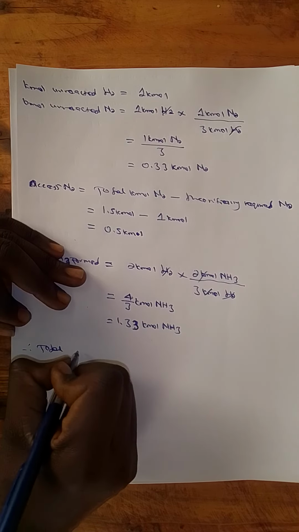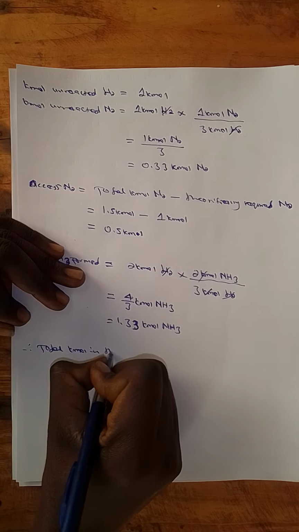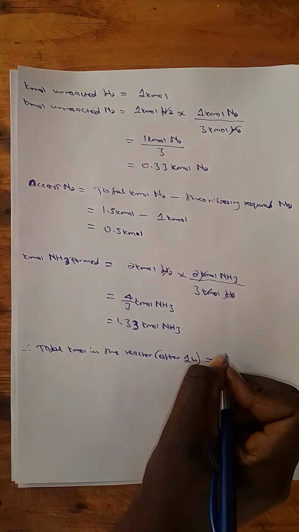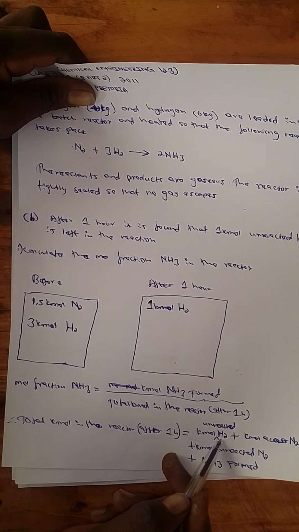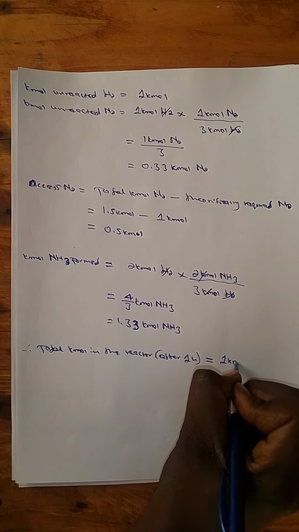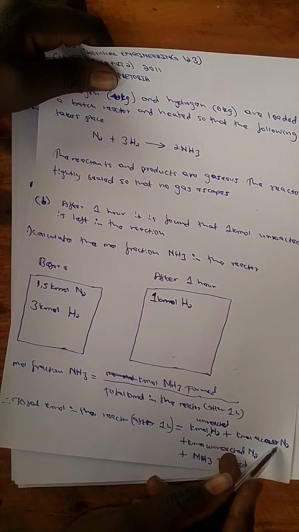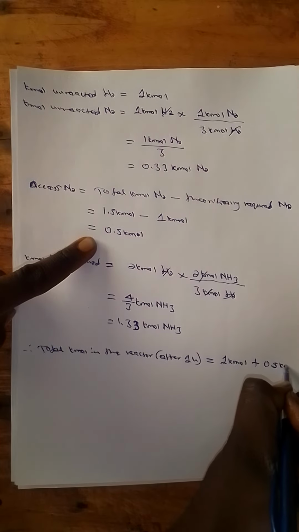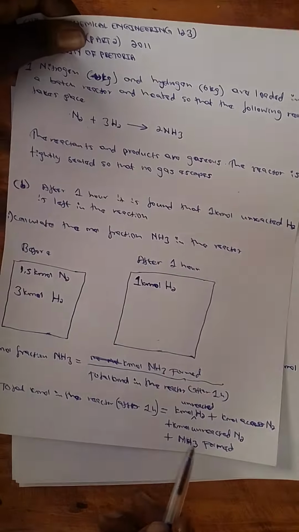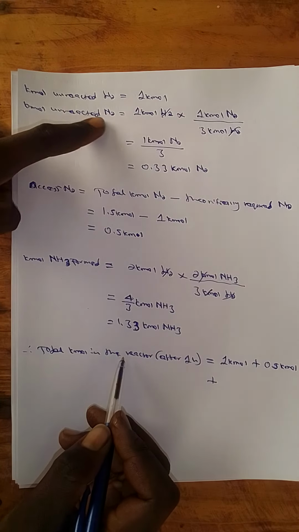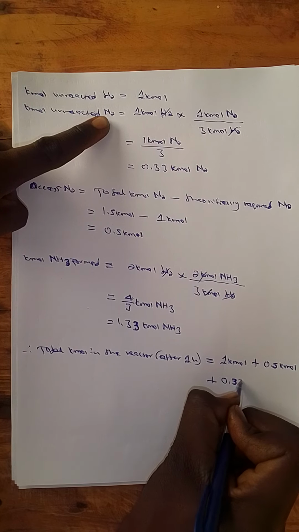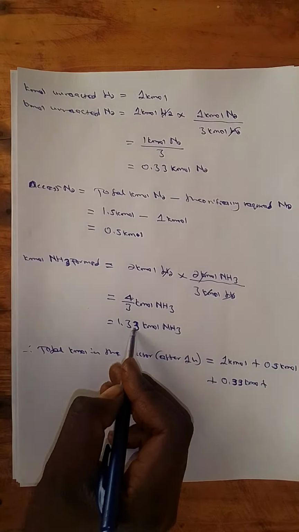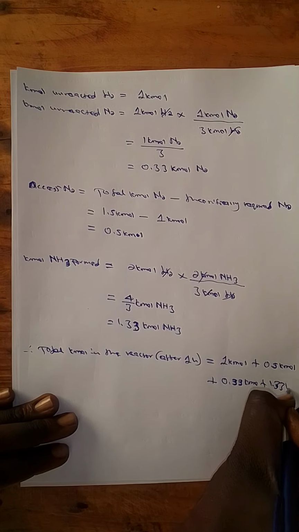Therefore, total kilomole in the reactor after 1 hour equals the kilomole unreacted H2, which we are told is 1 kilomole, plus the kilomole excess N2, which we calculated as 0.5 kilomole, plus the kilomole unreacted N2, which we calculated to be 0.33 kilomole, plus the NH3 formed, which we just calculated to be 1.33 kilomole.